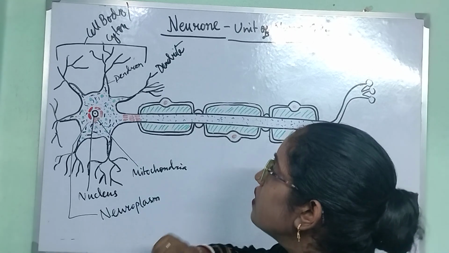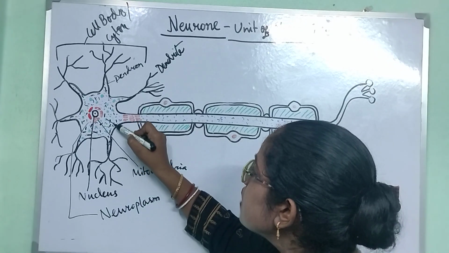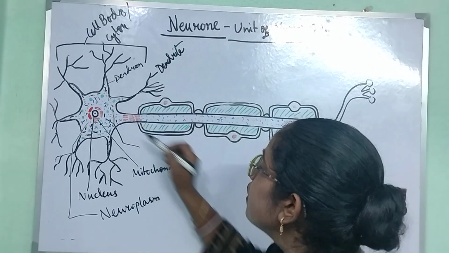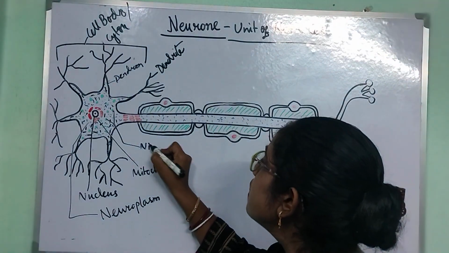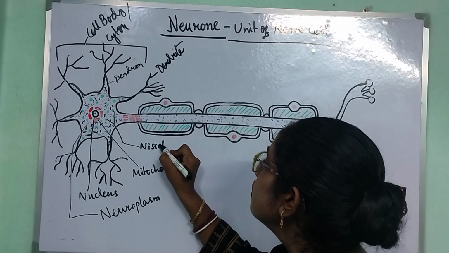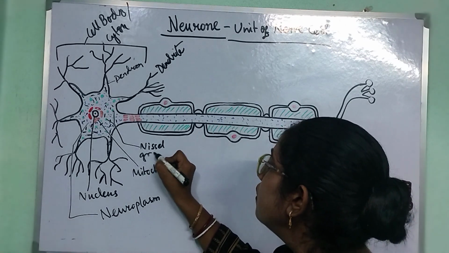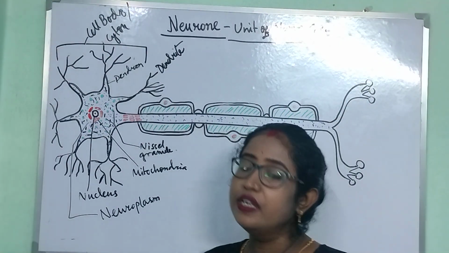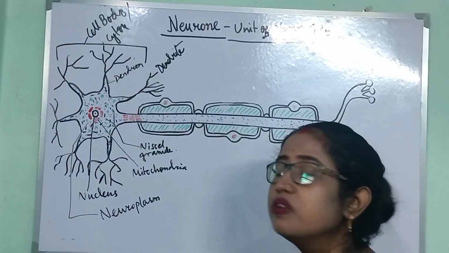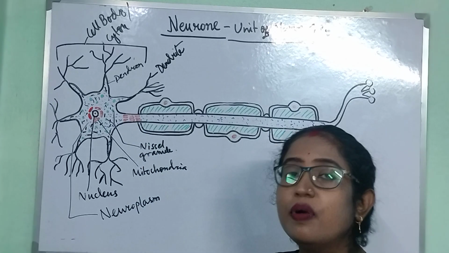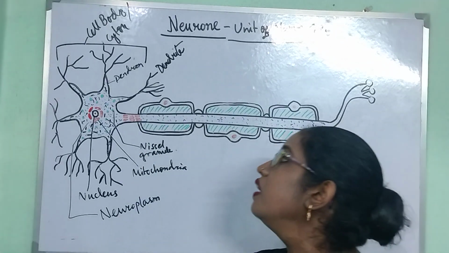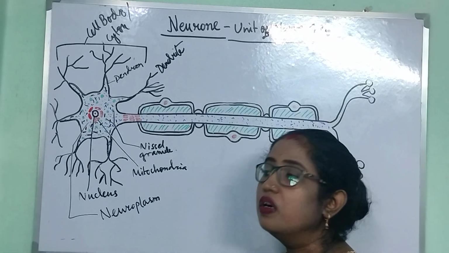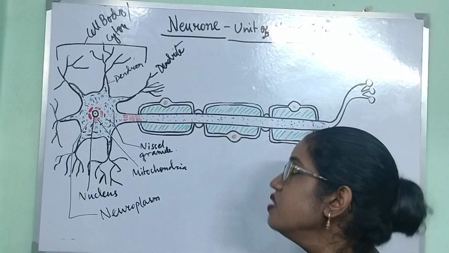I showed these in green ink here. These granule-like structures are known as Nissl granules. These Nissl granules are made up mostly of protein, and they are basically ribosome-made protein structures.